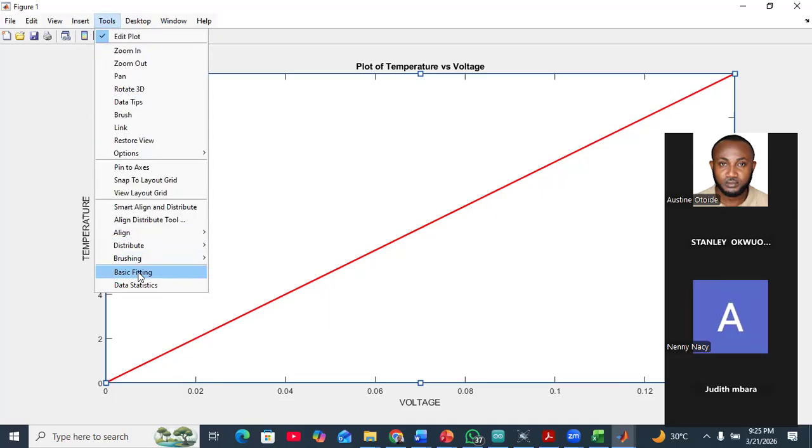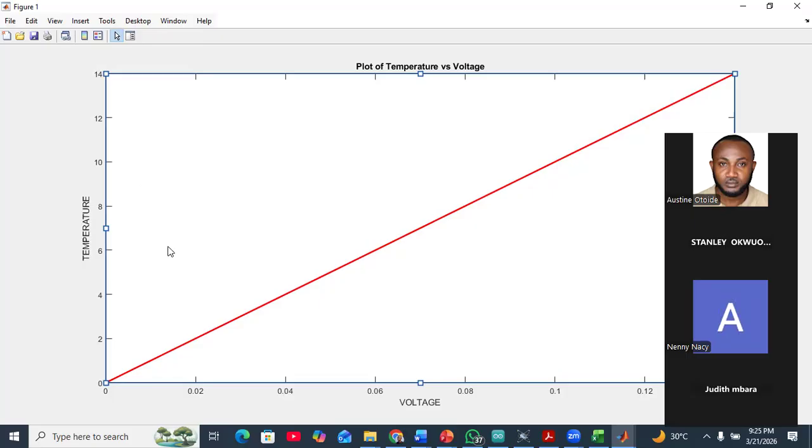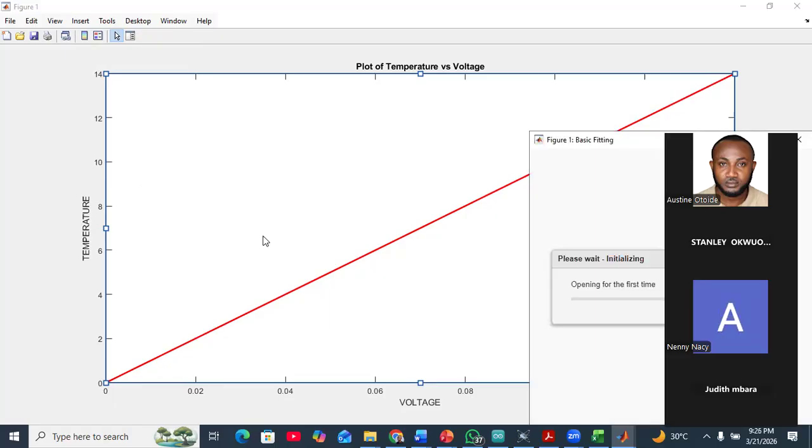We want to get the equation of this line. We want MATLAB to give us the equation of this line. So we go to basic fitting and allow it to load. So it's opening here.